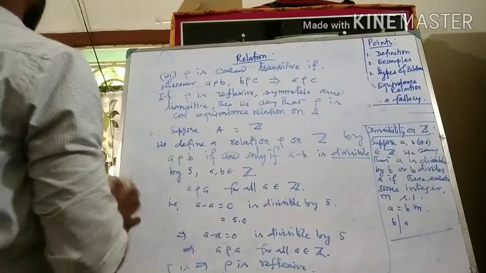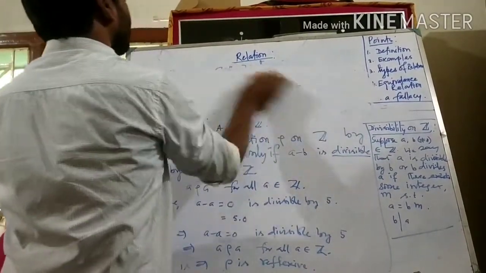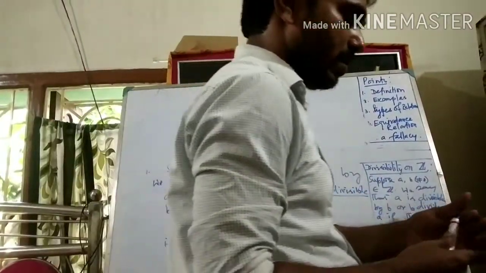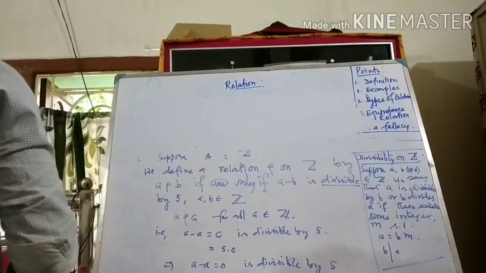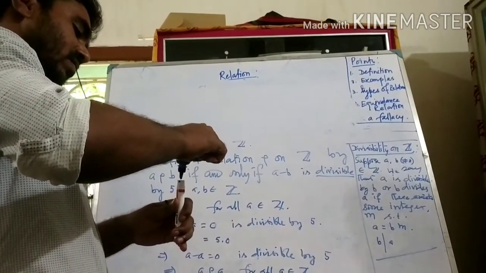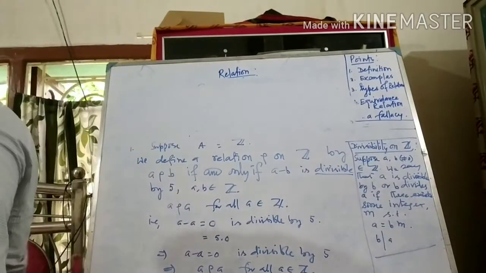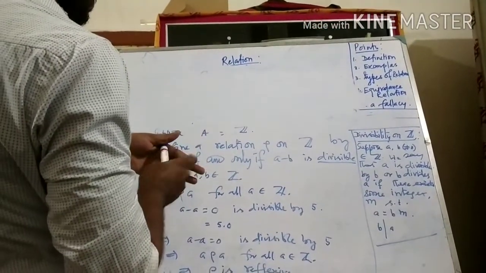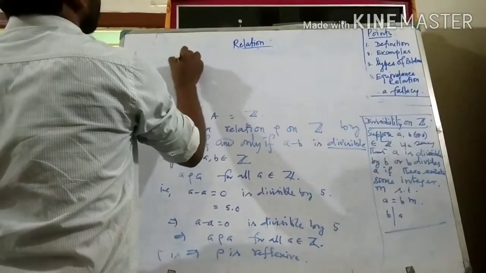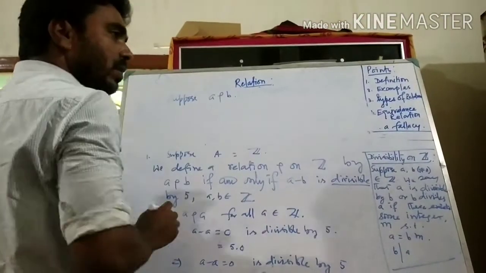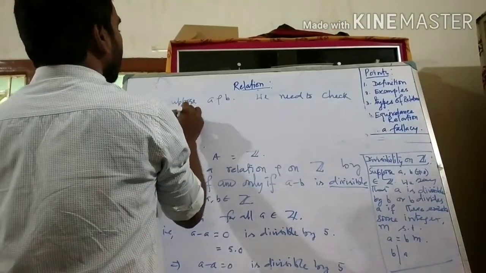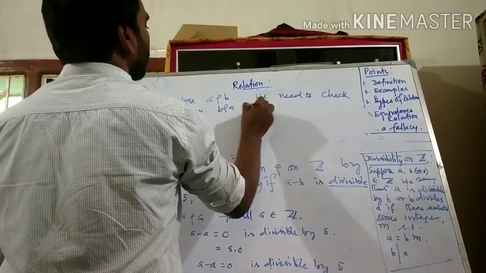Now come to symmetricness. Suppose A is related to B. We need to check whether B rho A holds or not.